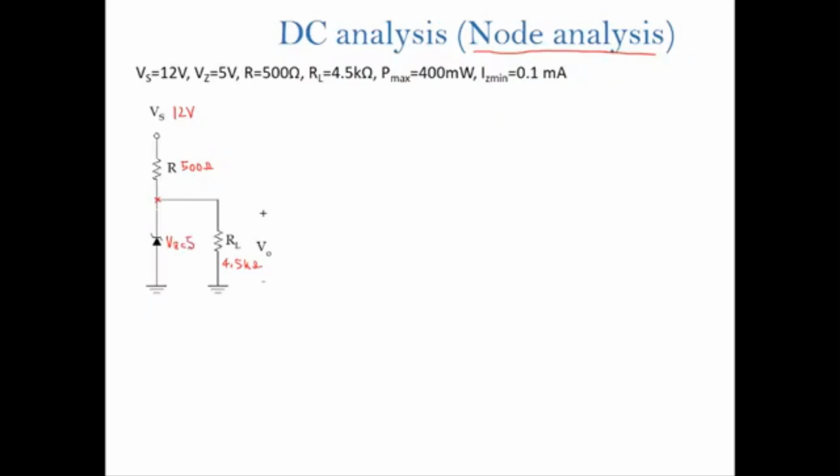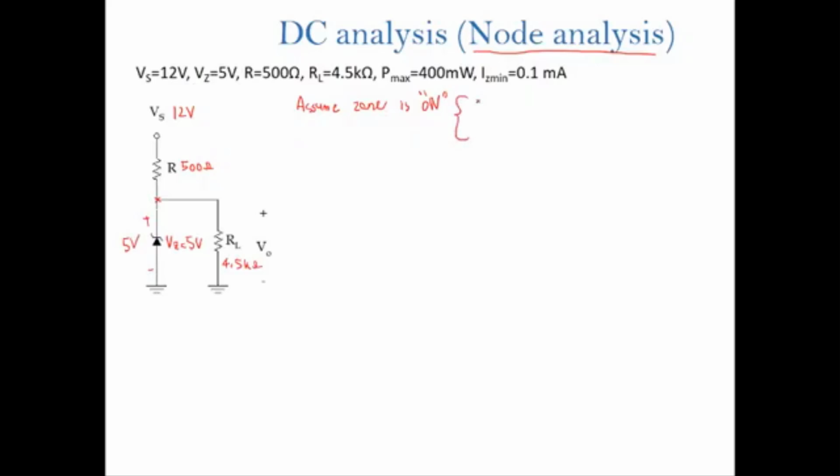When you do the node analysis, first you assume that the Zener is on. So when you assume the Zener is on, the voltage across the Zener diode will be equal to the Vz, which is 5 volt.